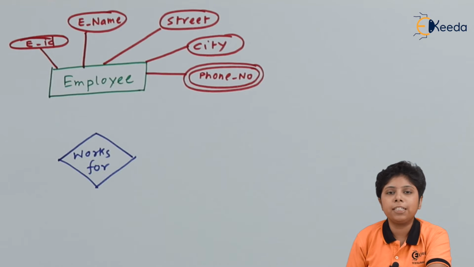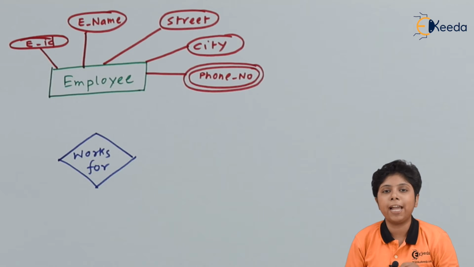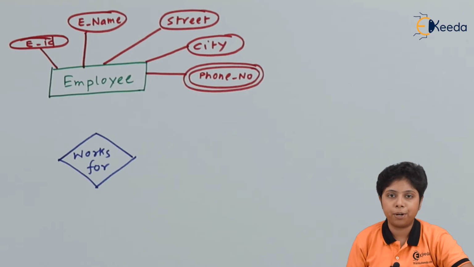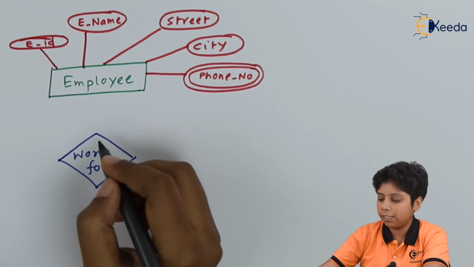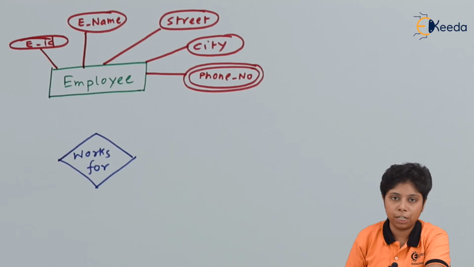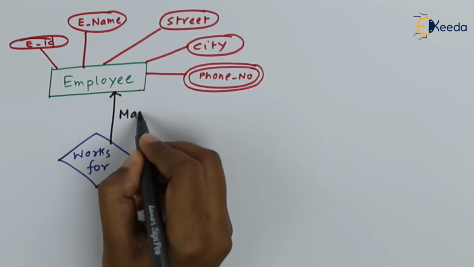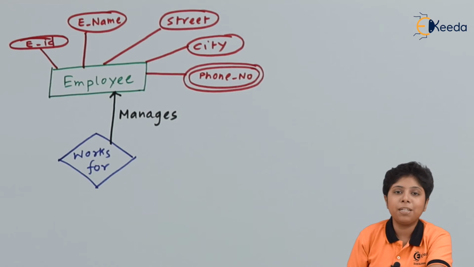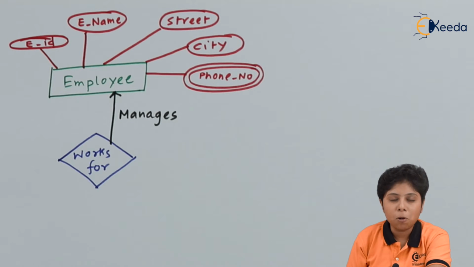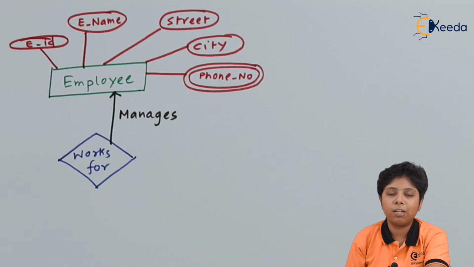So, if there is a relation that helps with manages, then we are actually defining the role to the particular enterprise. If there is a relationship that defines manages, that means there is one employee who manages many of the other employees. So there exists a many to one relation.